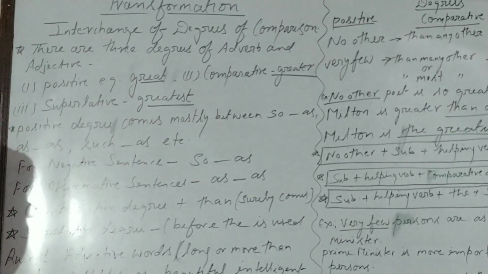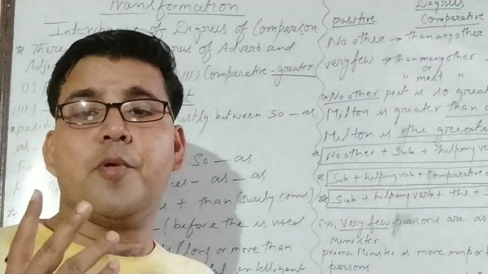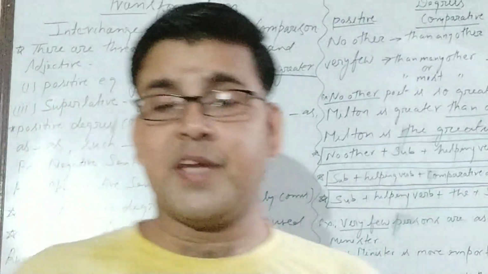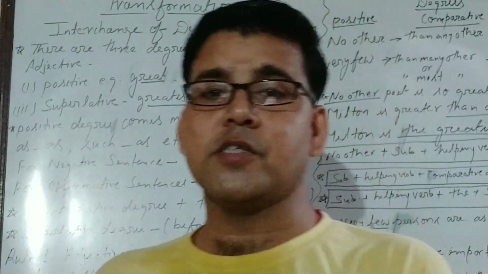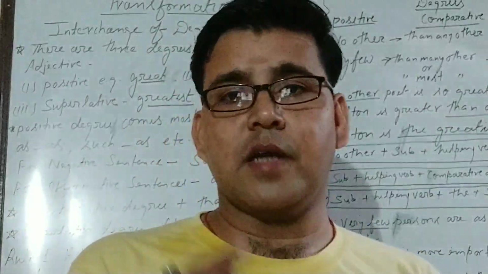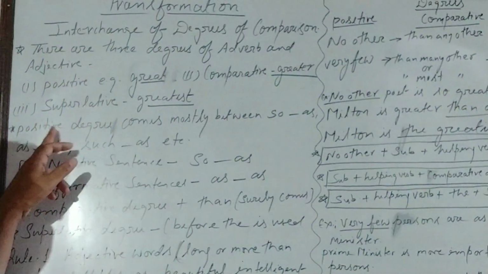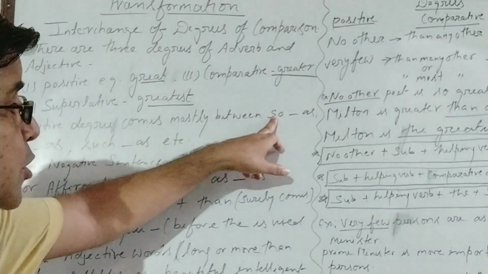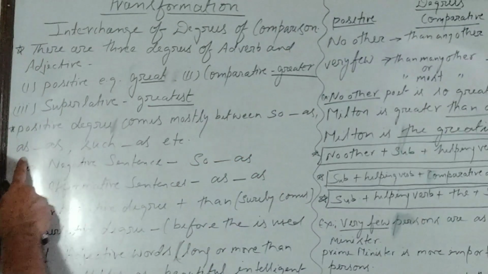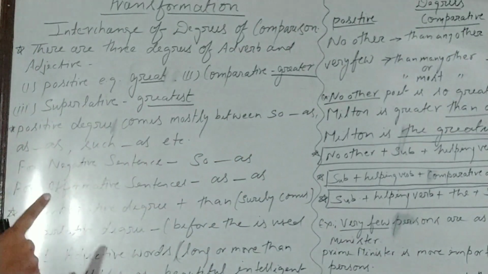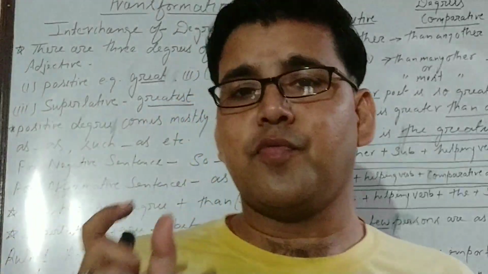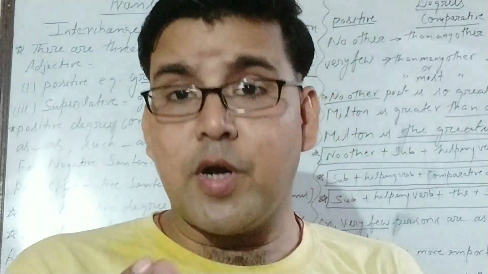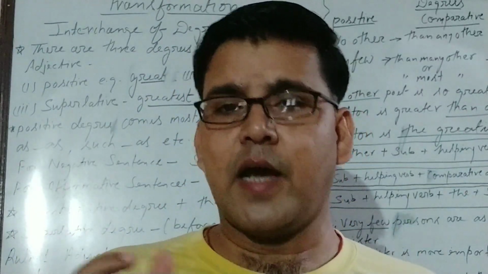Now we talk about some important points: how we can recognize one degree in a given sentence, and then we can interchange from one degree to another. Now look, we talk about the positive degree. In most cases the positive degree comes between the words as, so as, and such as.